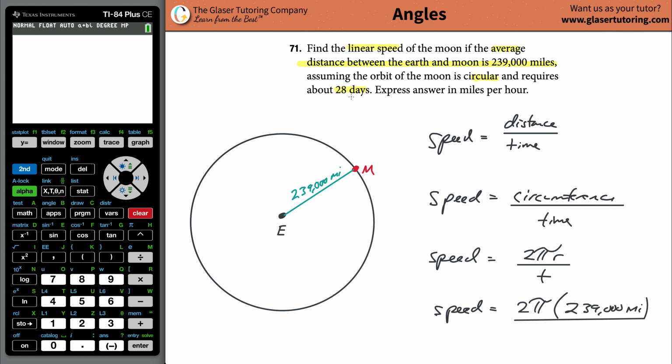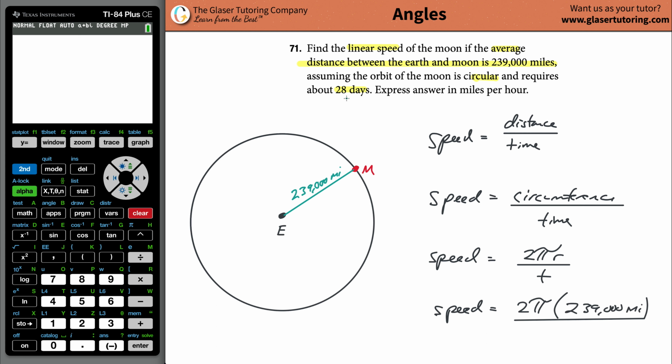And what's the time? Well, they told us in days, 28 days. Now, you can plug in 28 days down here if you like. The problem is, they want it in miles per hour, not miles per day. So probably what we're going to want to do first is a conversion.